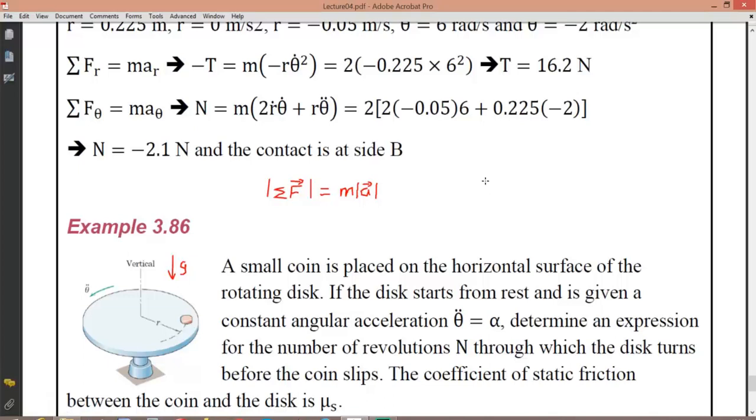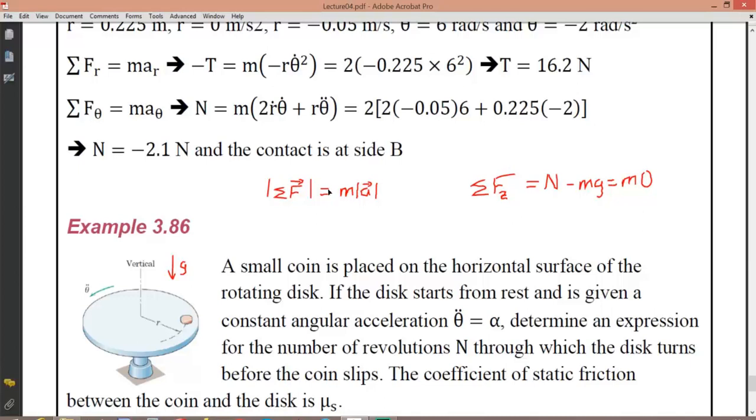Therefore, the equation for that would be just, let me call it Fz, equal to N, the normal force applied by the table to the coin, minus mg, the gravitational force, and the resultant motion is zero motion, no acceleration in that direction. Therefore, this is m times 0, and we find out that N is equal to mg here.